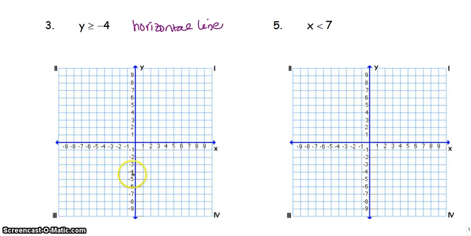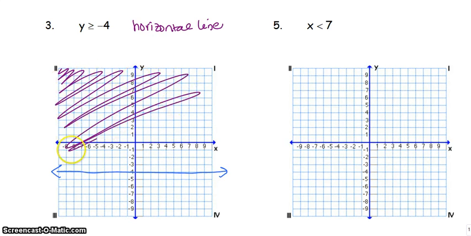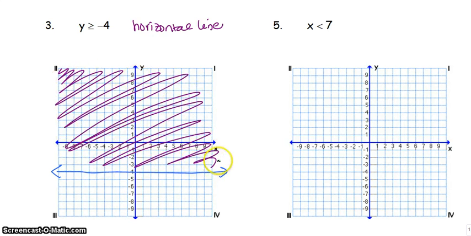We're going to draw a horizontal line at negative 4. Because it's greater than or equal to, it's a solid line. And since it's greater than or equal to, it's going to be everything above the line. If you can't see which way to shade, use your test point.